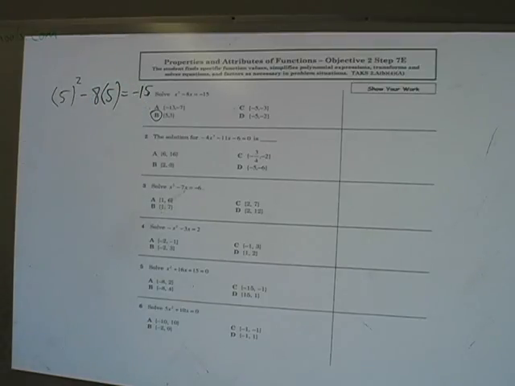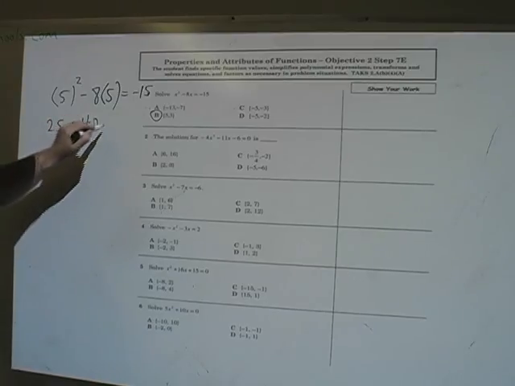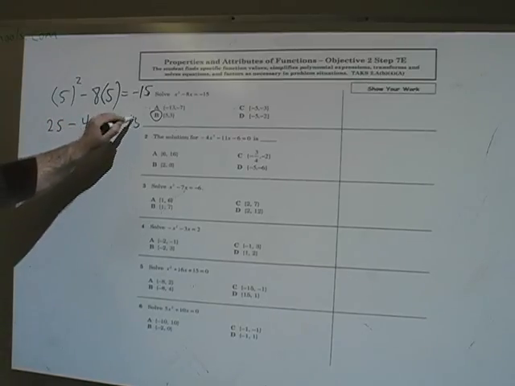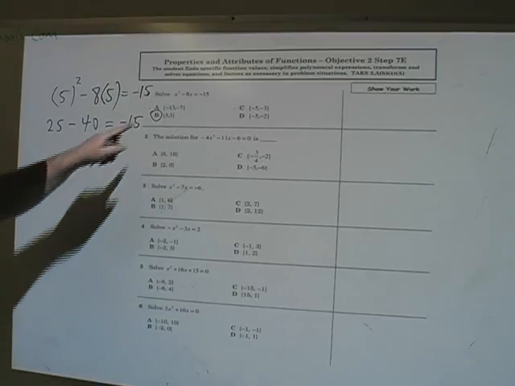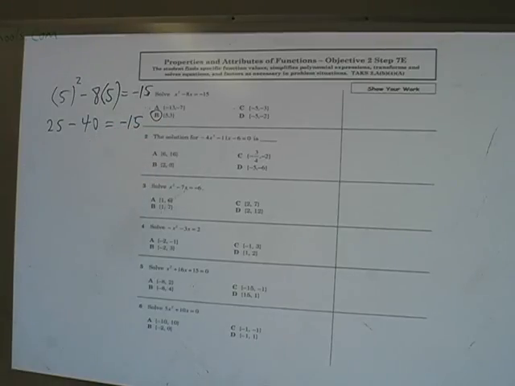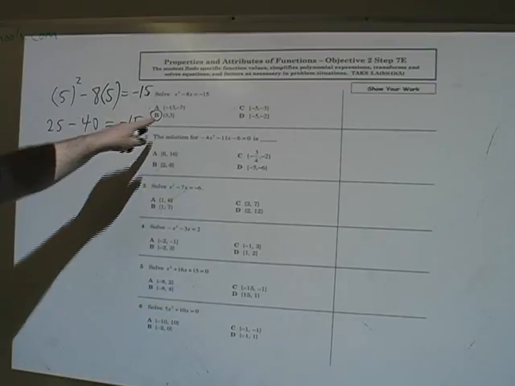And we're going to see if that's true. Well, 5 squared is 25, minus 8 times 5 is 40, and you'll see that that is negative 15, so that's true.